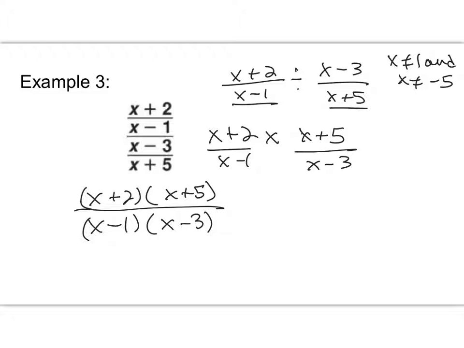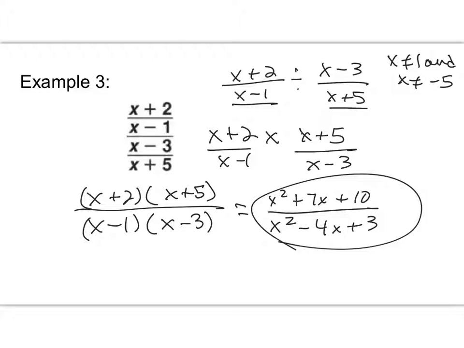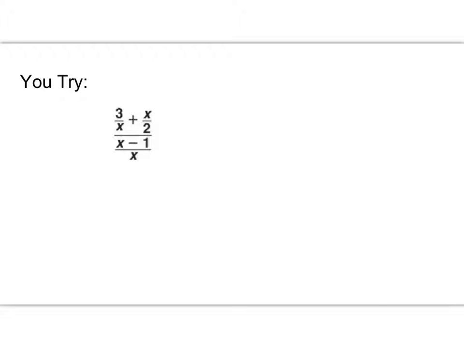And you can see that I do not have any common factors, so I can't cancel anything out. So all I can do is combine, and I get x squared plus 7x plus 10 divided by x squared minus 4x plus 3. Done. Your turn. Try this out.